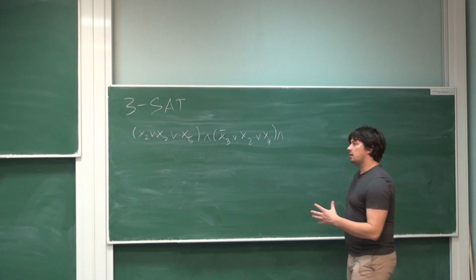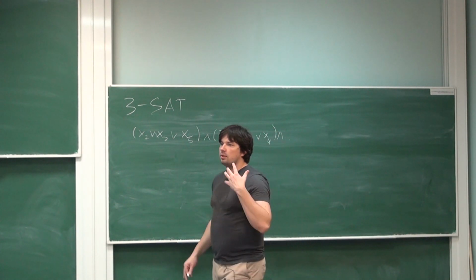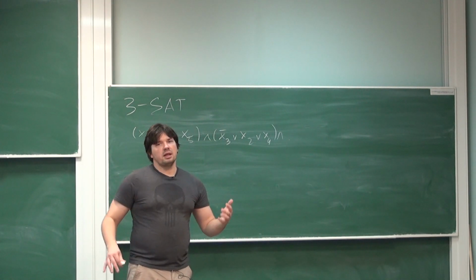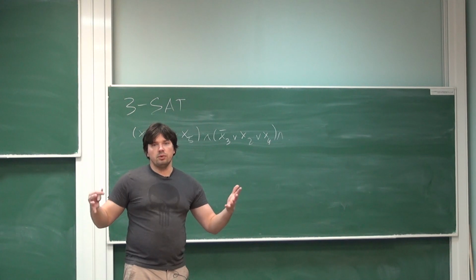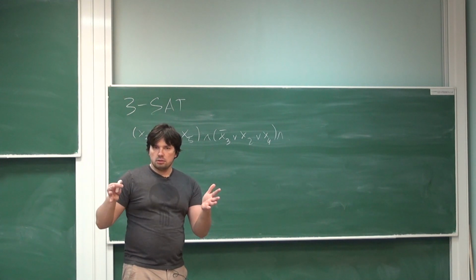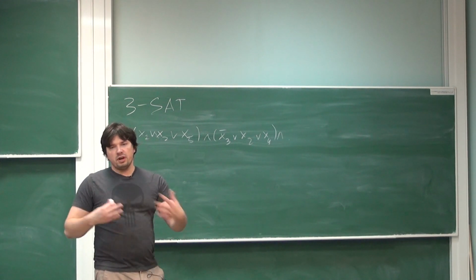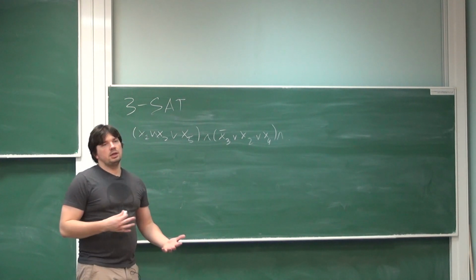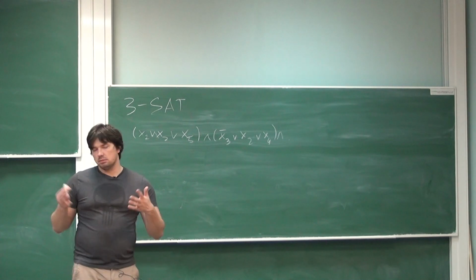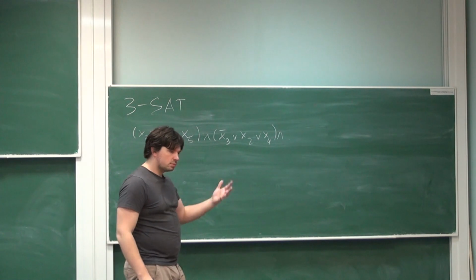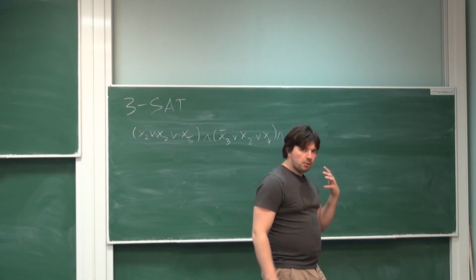If you have an algorithm that runs in 3 to the n and the largest instance you can deal with is of size 50, then if you improve that to 1.5 to the n, suddenly you can deal with instances of size about 100. So those things matter.